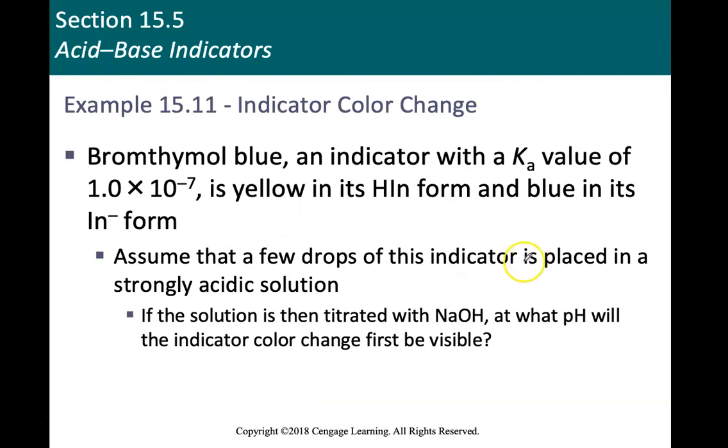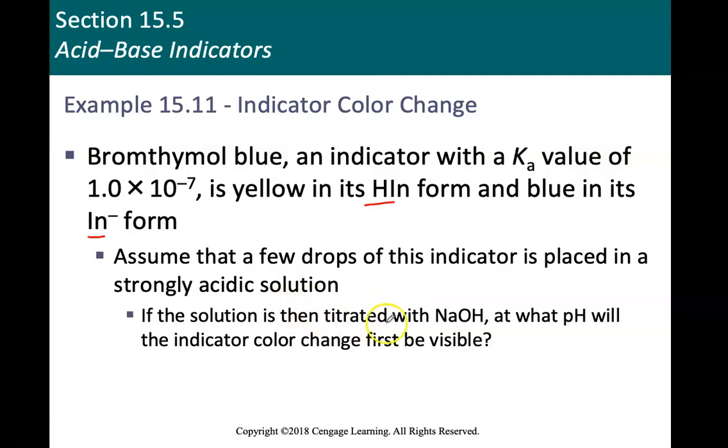So let's look at an example here. Bromothymol blue, an indicator with a Ka value of 1 times 10 to the power minus 7. It is yellow in acid form and blue in the base form. Assume that a few drops of this indicator are placed in a strongly acidic solution.